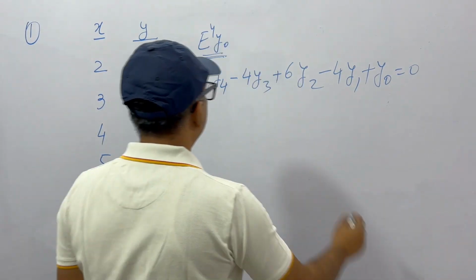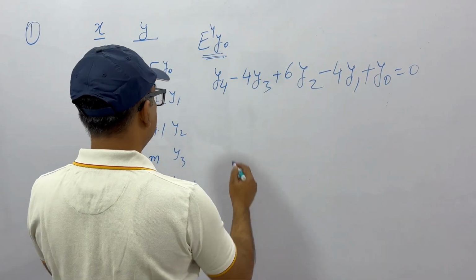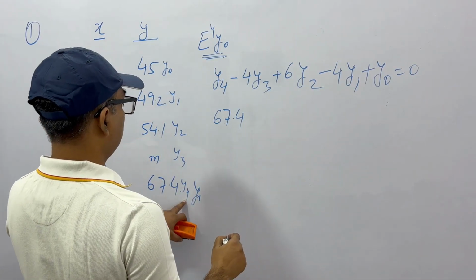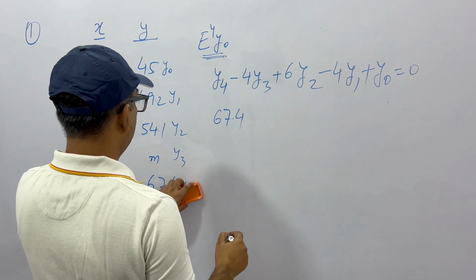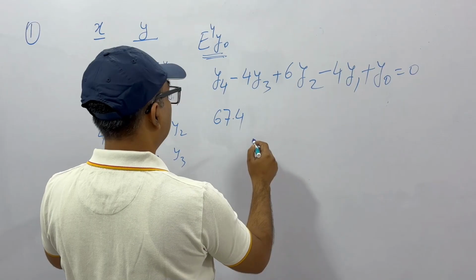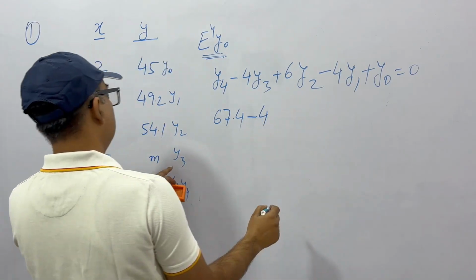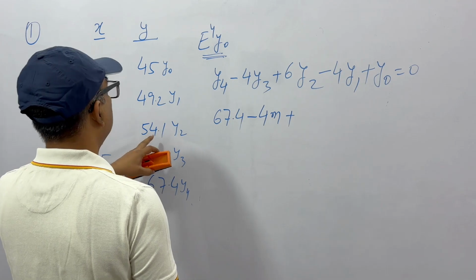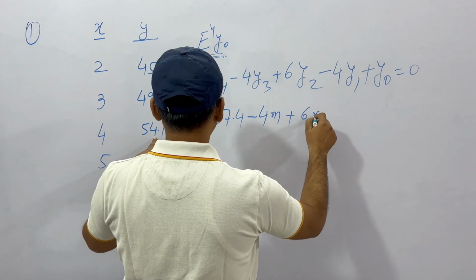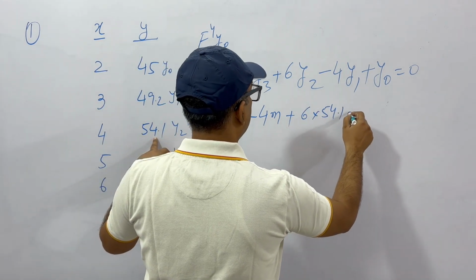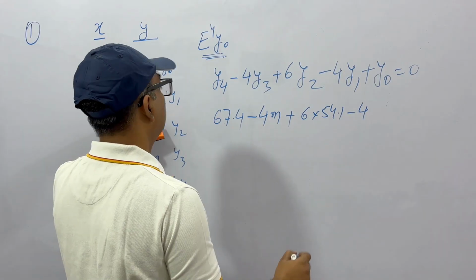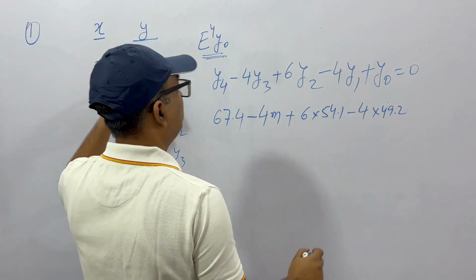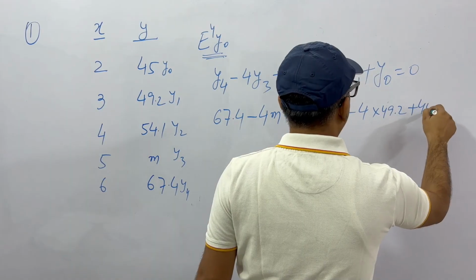We have these values. y4 is 67.4, then minus 4y3, which is m, the missing term, plus 6y2, that is 6 into 54.1, minus 4 into 49.2, and then finally plus 45 equal to 0.